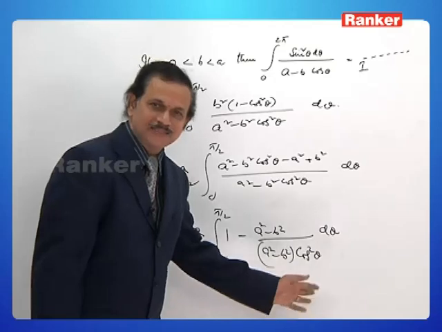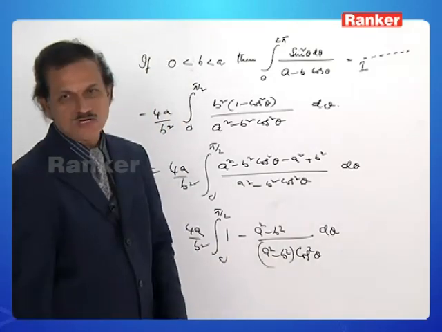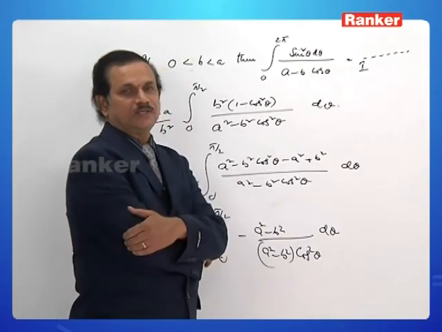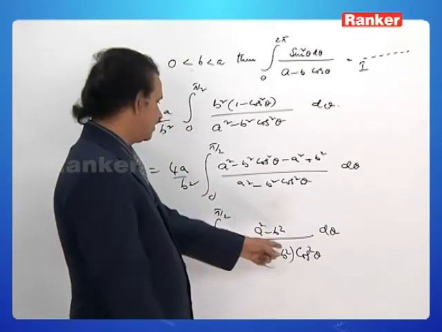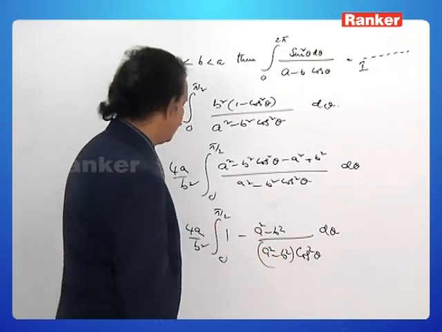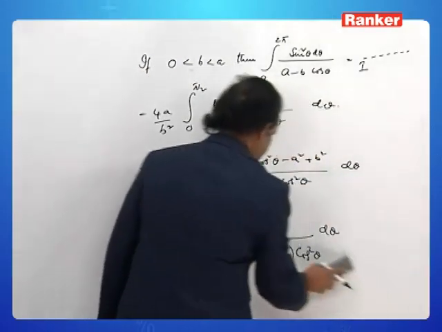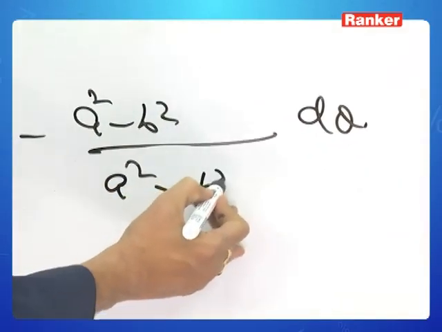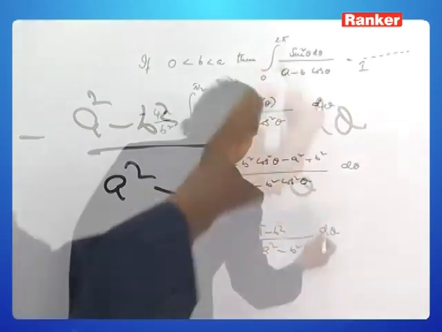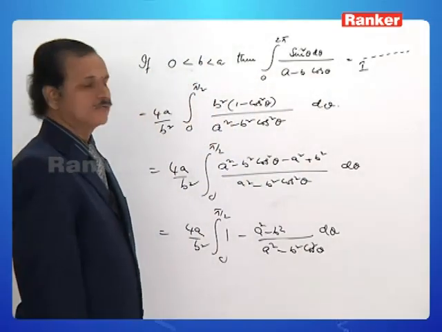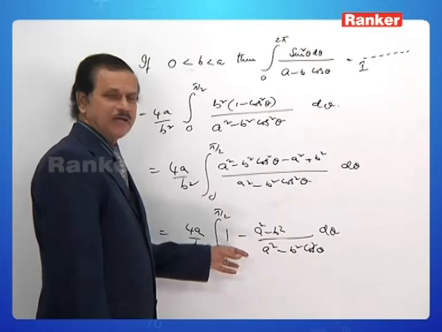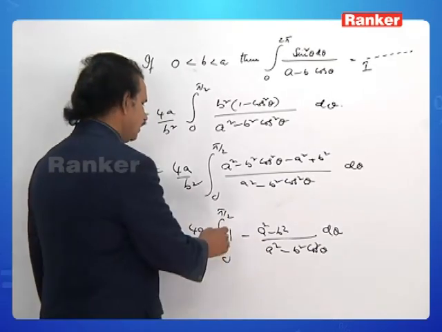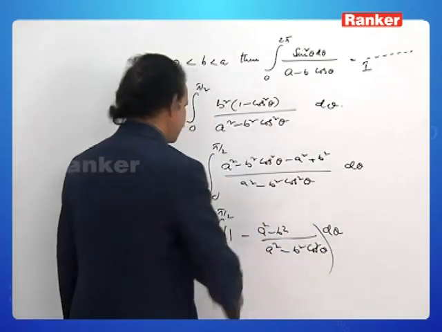Now this is the time to convert these cos thetas into tan thetas. The first part is of course integral 0 to pi by 2 of 1, which is pi by 2, no problem at all to deal with.